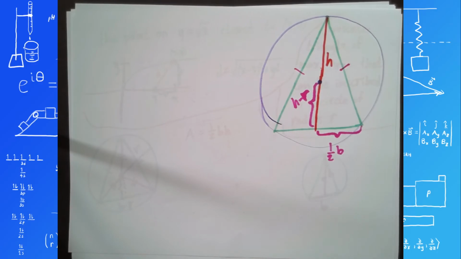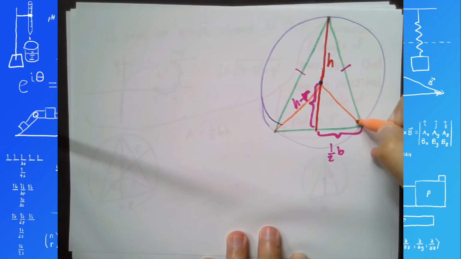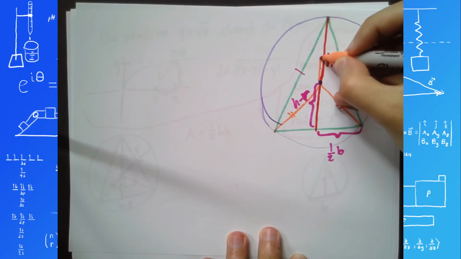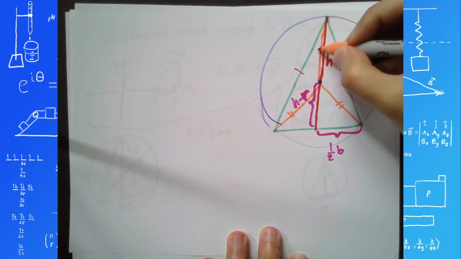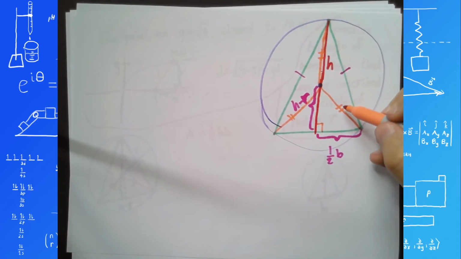Okay, so if I draw my radii, and I guess I'll draw one here just for good measure. What can I do here? So I can say that this right here is a right triangle. So I can apply the Pythagorean Theorem. This has a length of little r.